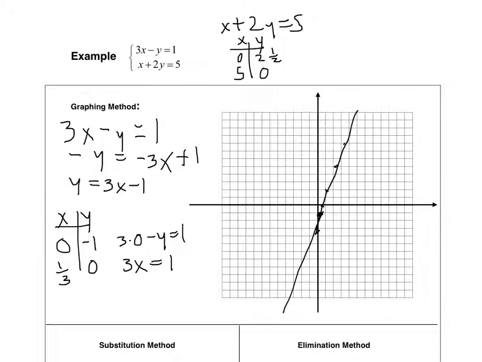So we have 0, 2 1/2, and we have 5, 0. So let's try to graph a straight line here.